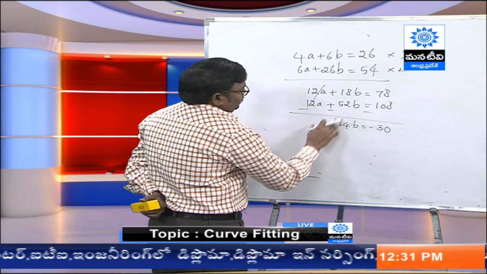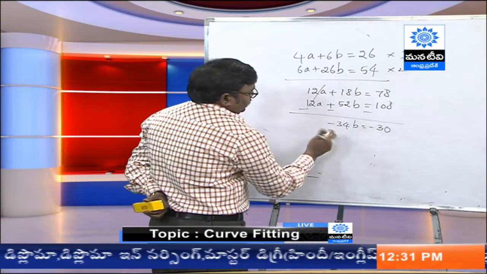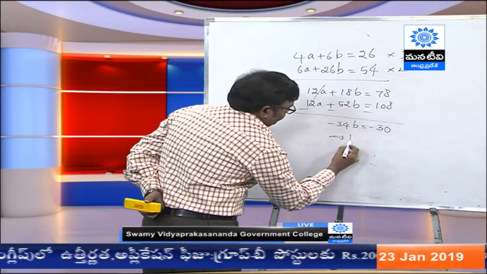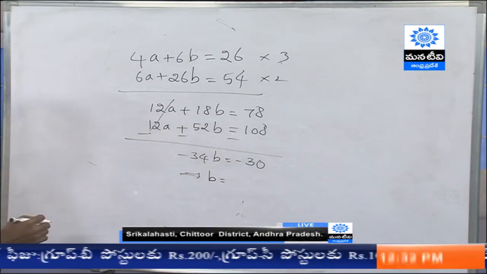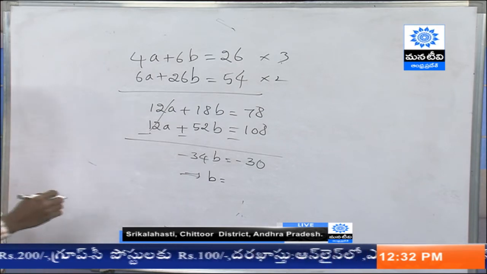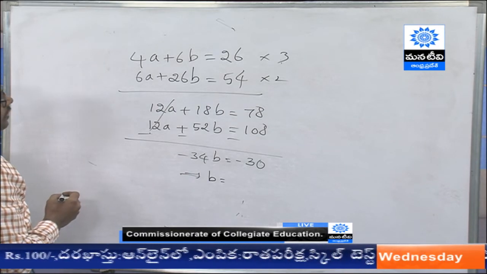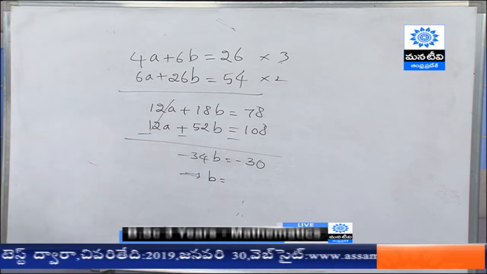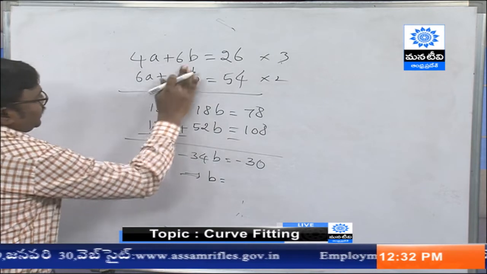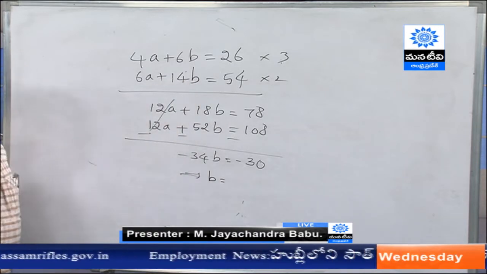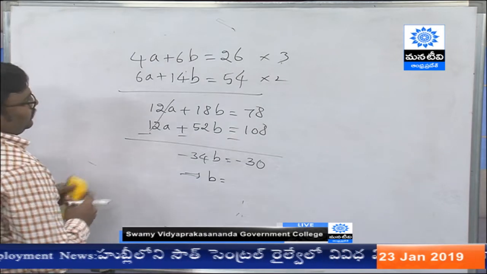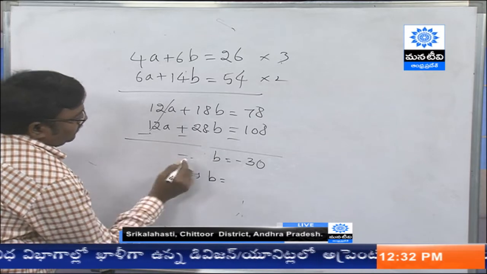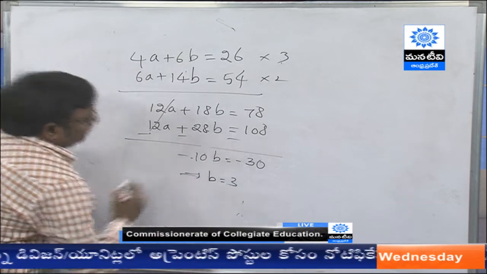Okay, I had a mistake here, it is 6a plus 14b equal to 54, so the second equation becomes 12a plus 28b, and subtracting, this is nothing but minus 10b equal to minus 30. So, b equal to 3.